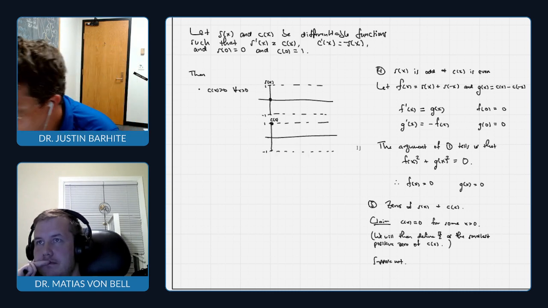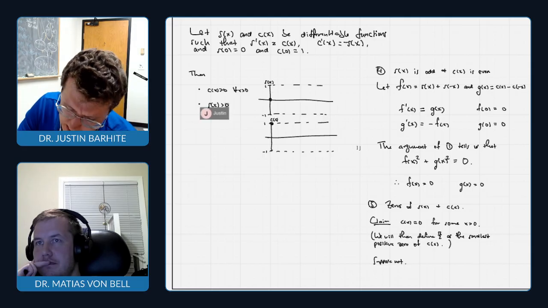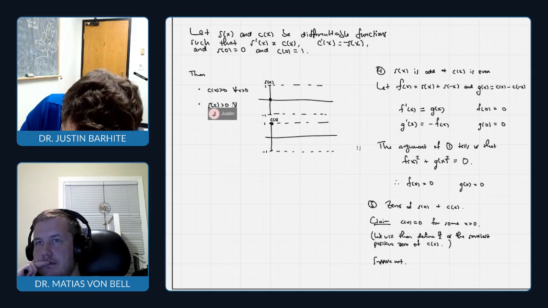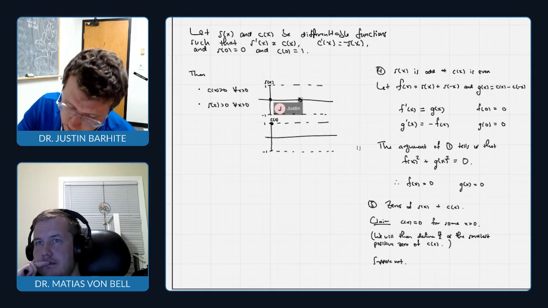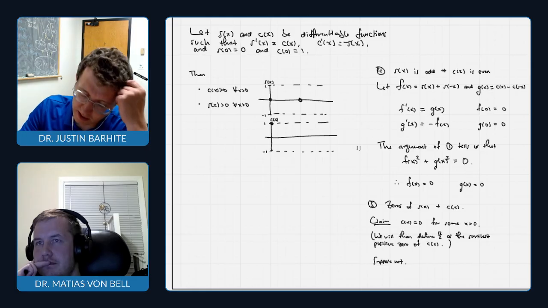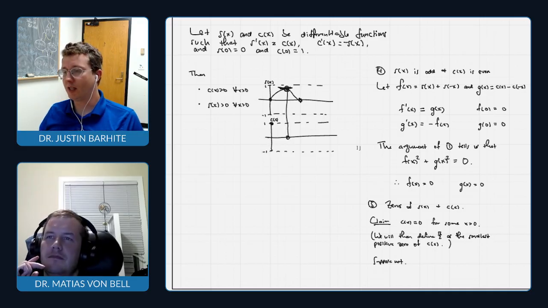I also know that S of x is always positive. How do I know that? Well, S of x is never 0, because by Rolle's theorem, that would make C of x 0 at some point.